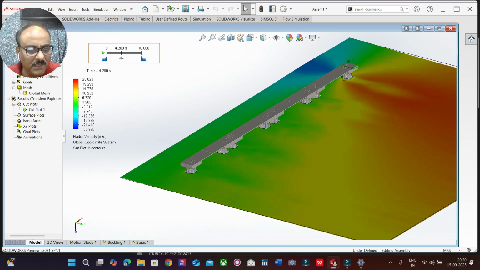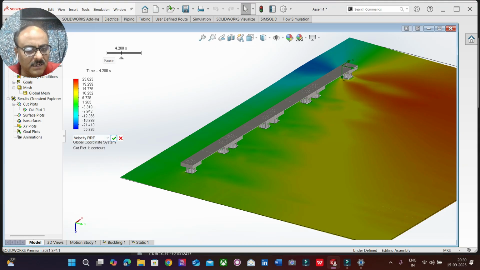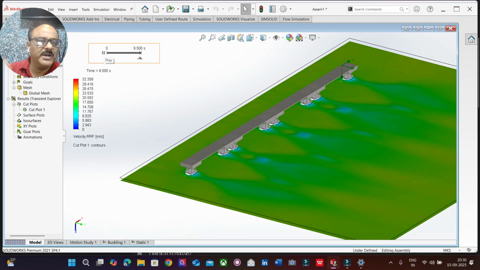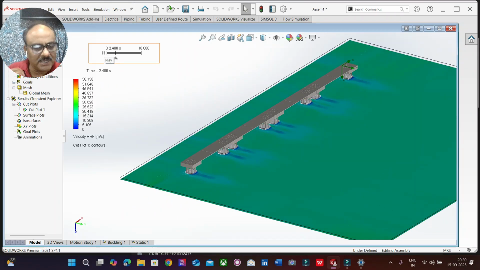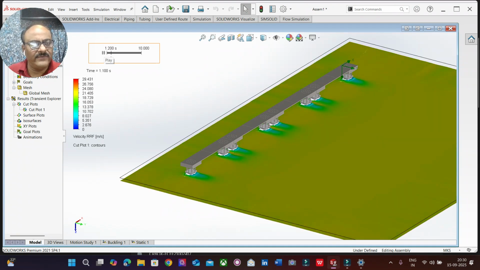So now let's try to find out the root mean square velocity. Okay, and now this root mean square velocity is going to be the component of your circumferential, your radial, your axial, and the average velocity.